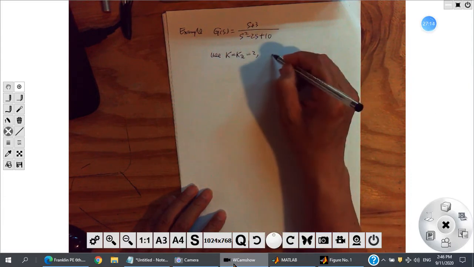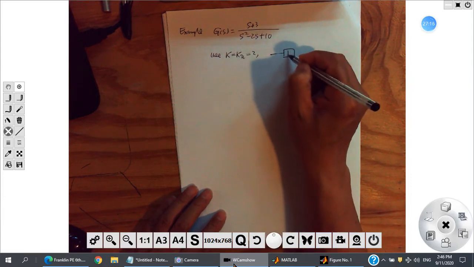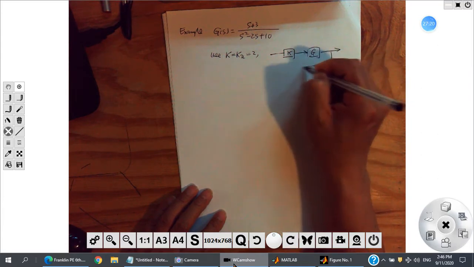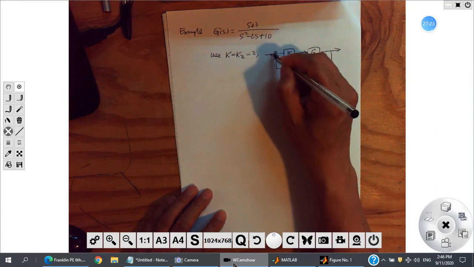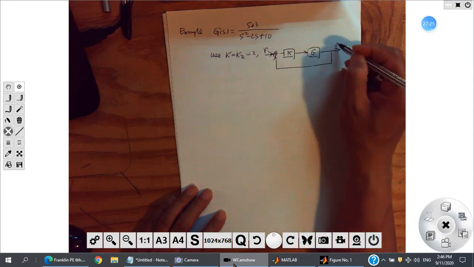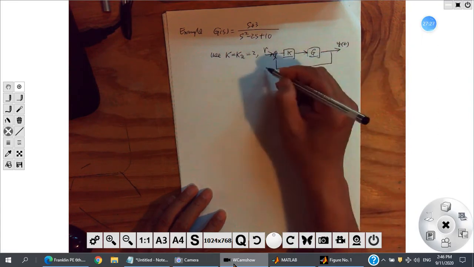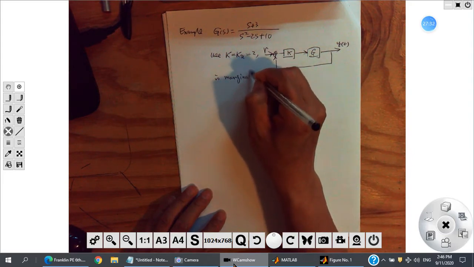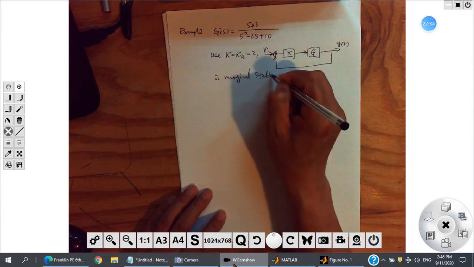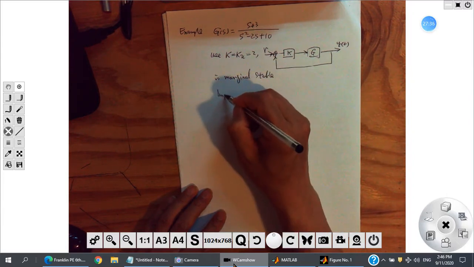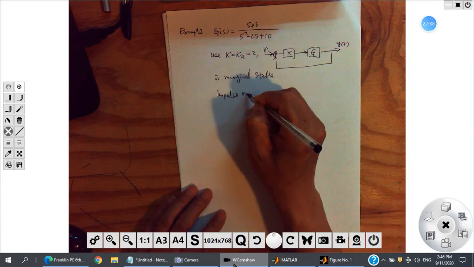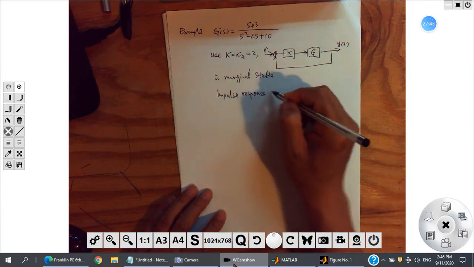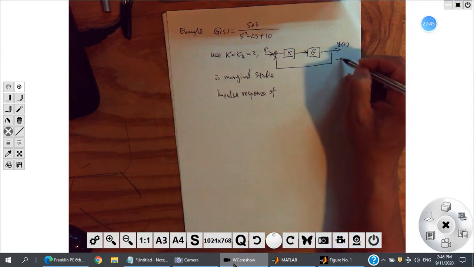Then this one, the unit feedback system, is marginally stable. And the impulse response, let's say this is T1.